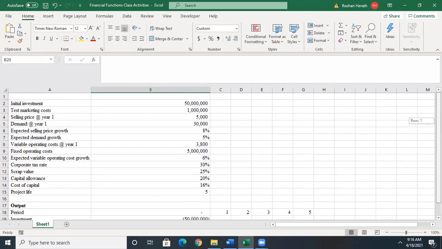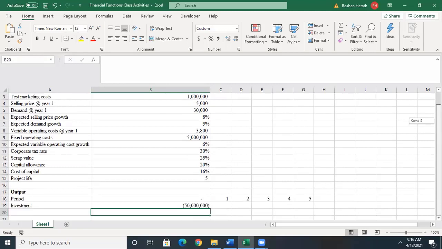Then when it comes to the test marketing cost, what do you think? Is it a relevant cash flow or not? Test marketing cost? Yes. Is it a relevant cash flow?